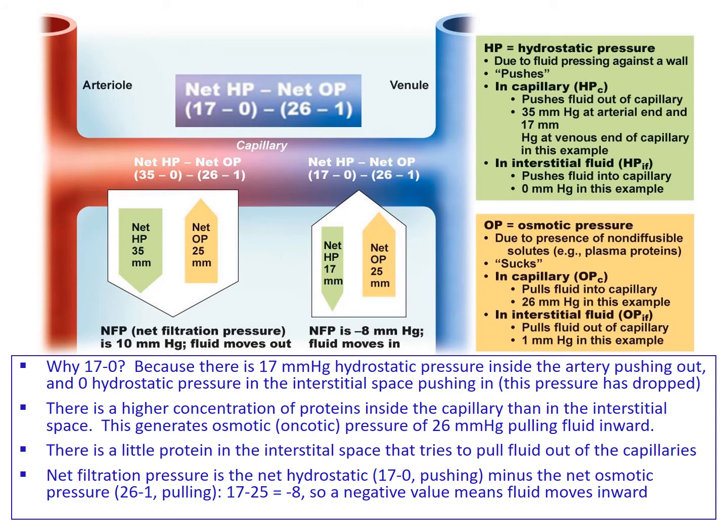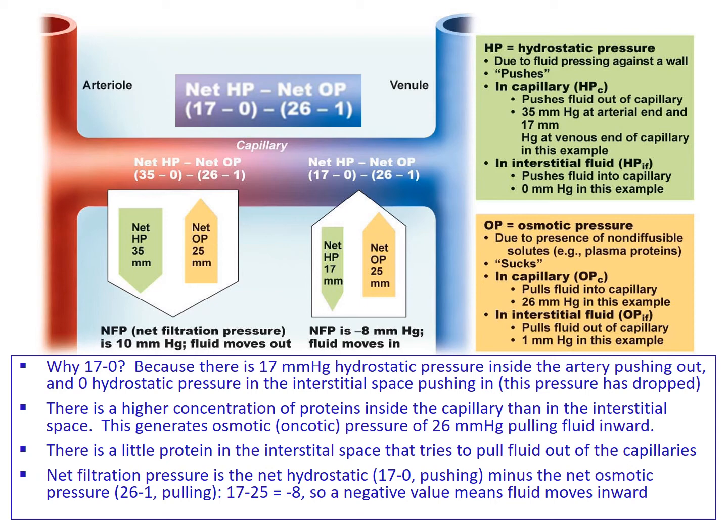By the time you reach the venule portion of the capillary bed, the hydrostatic pressure is less than it was in the arterial end, again because of resistance and because of capillary branching. One thing to say is that you do see capillaries joining back together at the venule side, so you'll have a little bit of an increase in pressure.